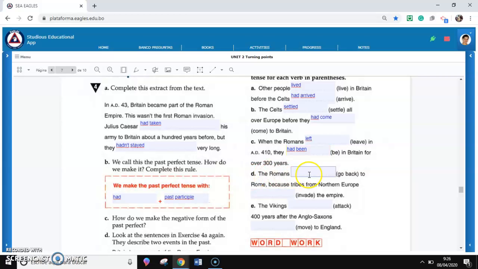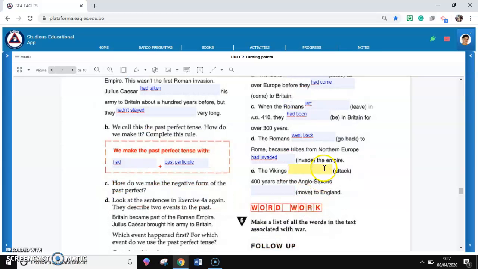Letter D. The Romans went back to Rome because tribes from Northern Europe had invaded the empire.